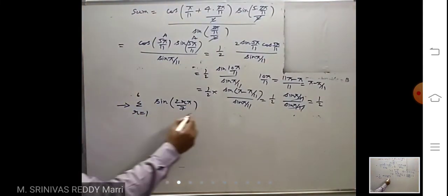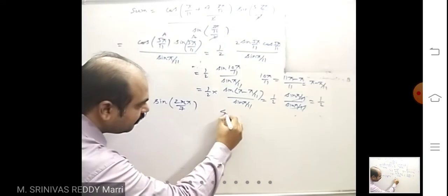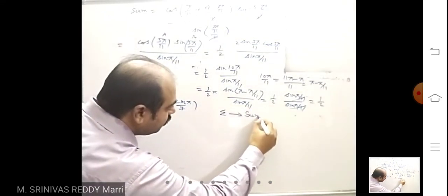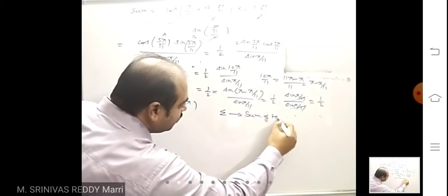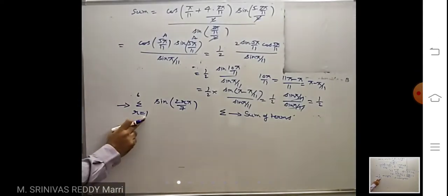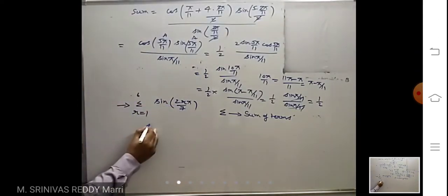This symbol is called sigma. Sigma means sum, sum of terms. This sigma is r equal to 1 to 6. You substitute in this and then add the terms.